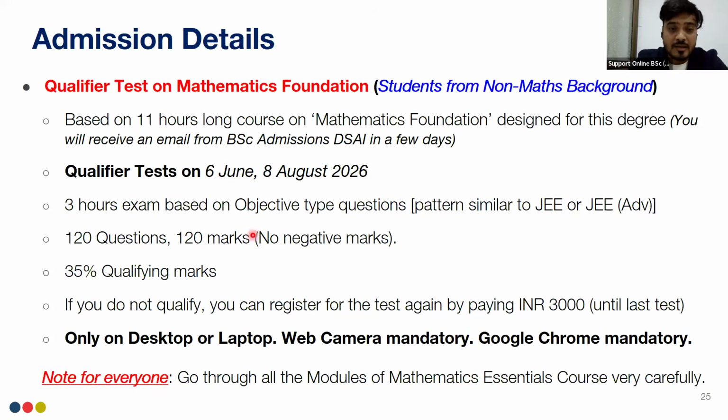For you, the course is 11 hours long as compared to the 8-hour course for maths background students. So you have a 3-hour course built on additional topics that you need to brush up on in order to attempt this qualifier test. Currently you are enrolled in the mathematics essential group.